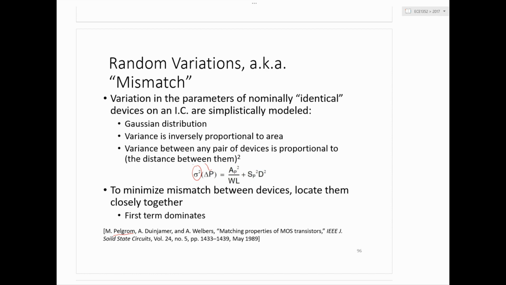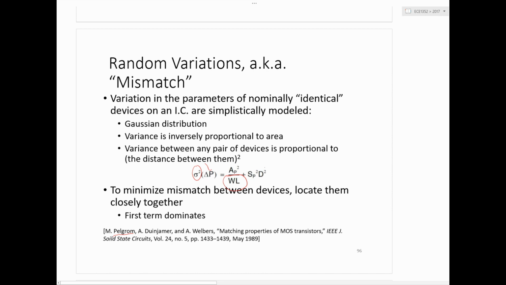And the sigma of that Gaussian is going to be proportional to two things. It's going to be inversely proportional to the area of the transistor or capacitor or resistor, whatever it is. So the bigger you make it, the idea being that these random variations kind of average out if you make the thing huge, okay?